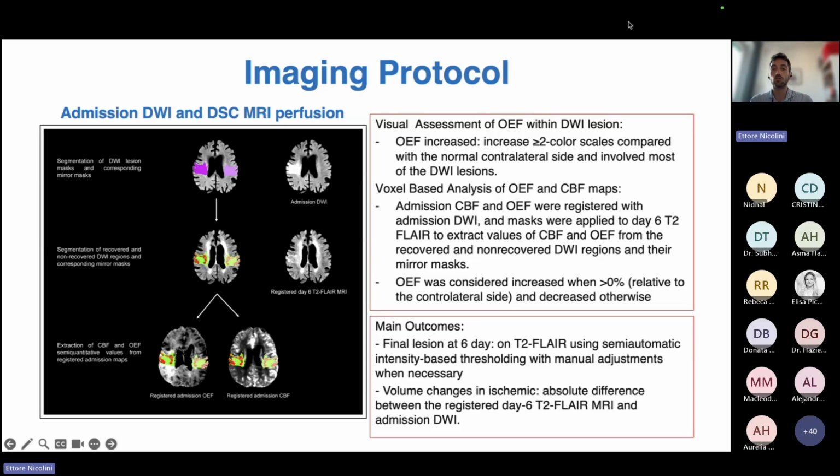Then they also did a voxel-based analysis with OEF, CBV and cerebral blood flow maps in the region that went to reversibility as compared to the one which did not reverse.